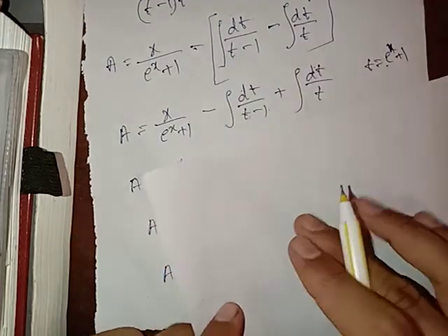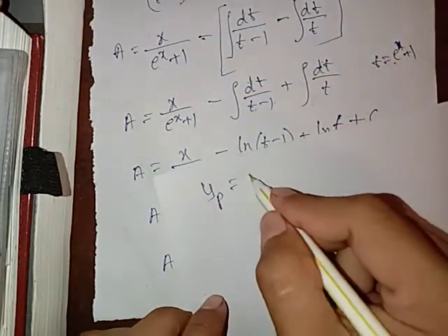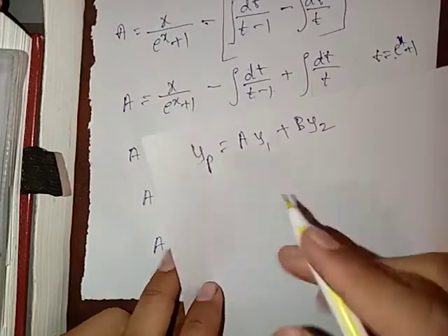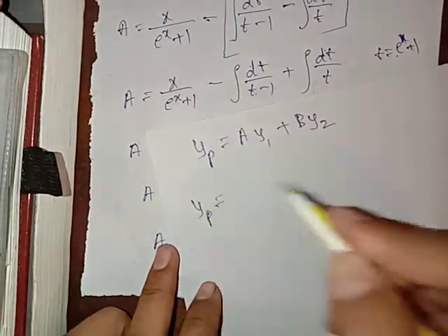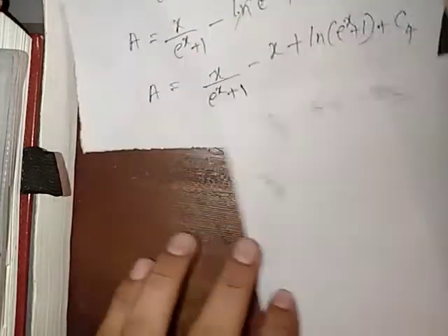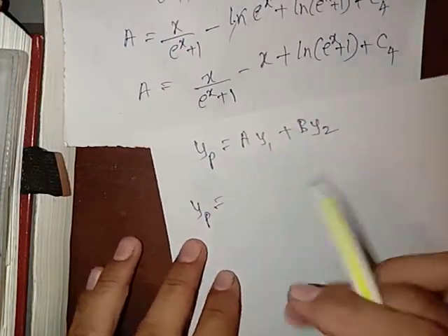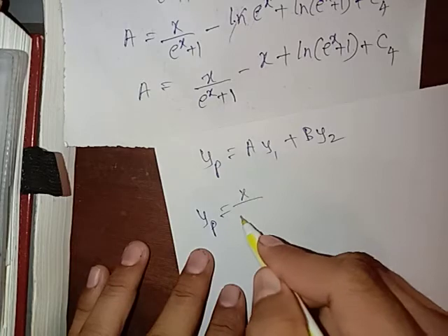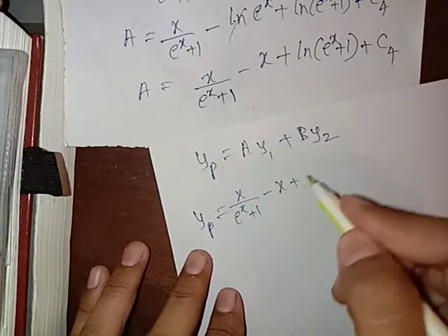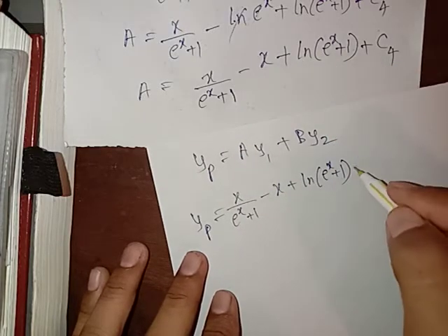Now we have solution yp is equal to a y1 plus b y2. Now yp is equal to, what is in the place of a here? x divided by exponential of x plus 1 minus x plus ln(exponential of x plus 1) plus c4.